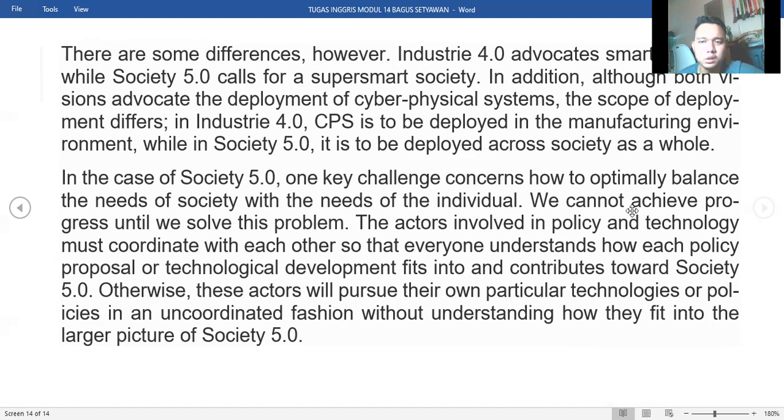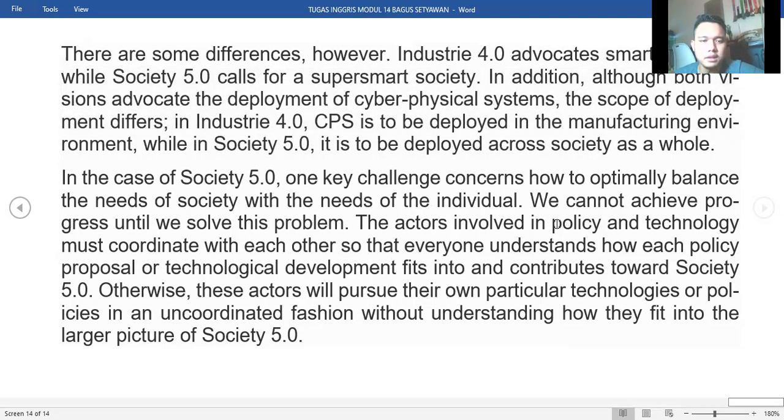In addition, although both visions advocate the development of cyber-physical systems, the scope of development differs. In Industry 4.0, CPS is to be developed in the manufacturing environment, while in Society 5.0, it is to be deployed across society as a whole.